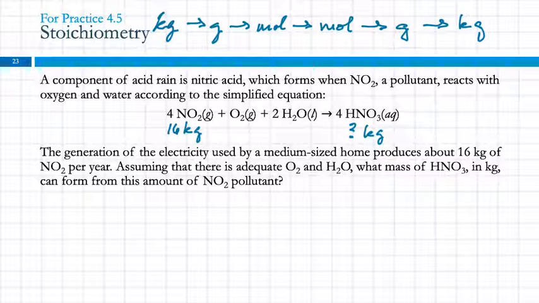You can do this whole path with the extra terms at each end, or you can do grams to moles to grams and just not cancel out the kilogram. Anybody have an opinion of which one you want to see? One's tedious but very straightforward. Another one's multiple steps, and then one's kind of tricky but sometimes confusing.